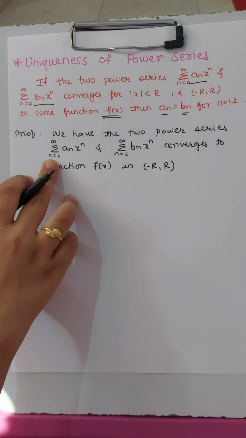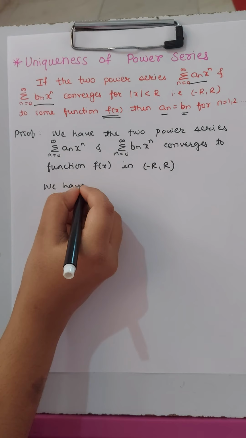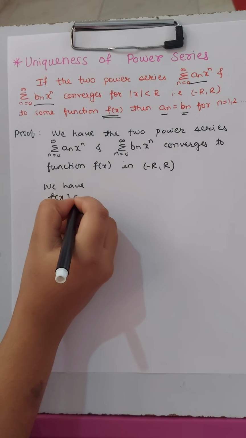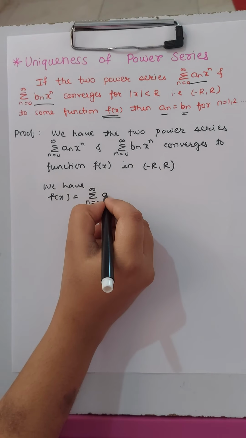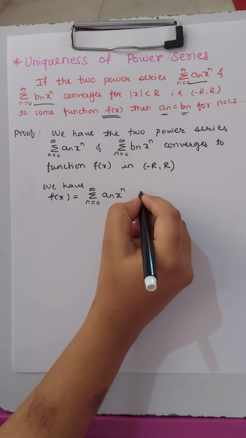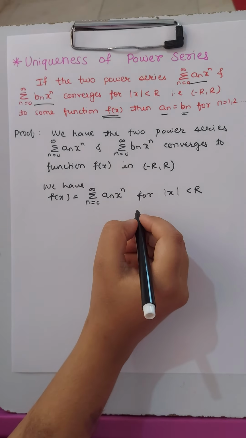Now since this series converges to the function f of x, we have f of x equals summation n from 0 to infinity an x to the power n for mod x less than r.